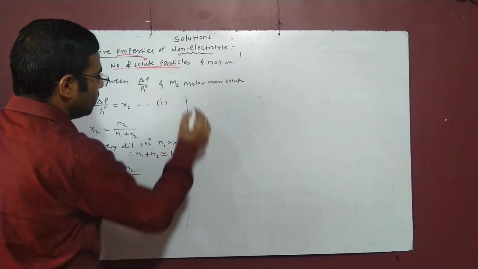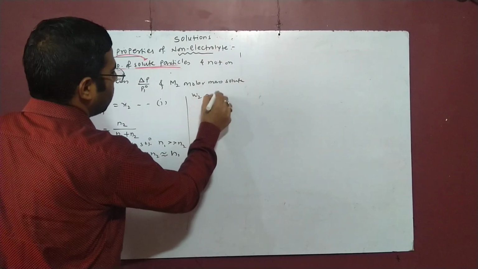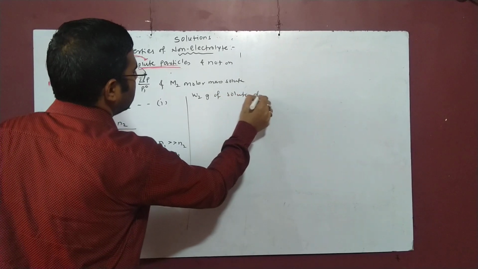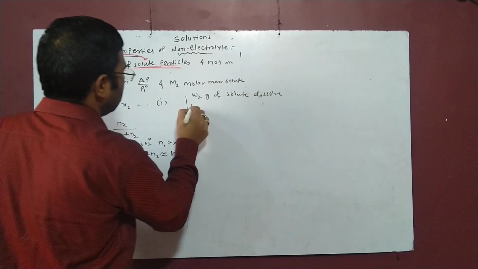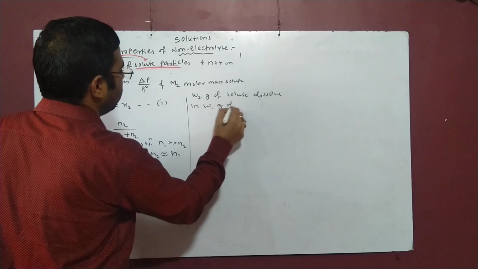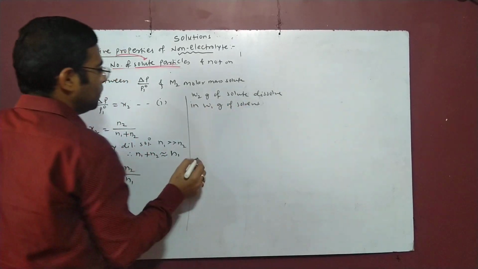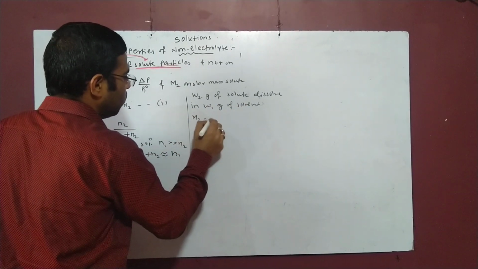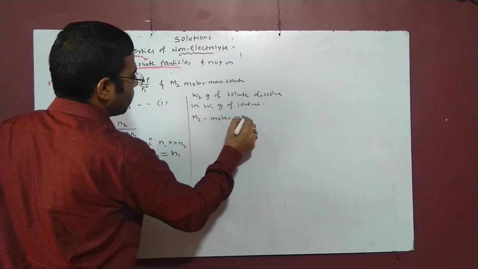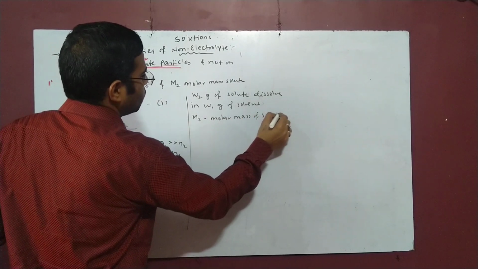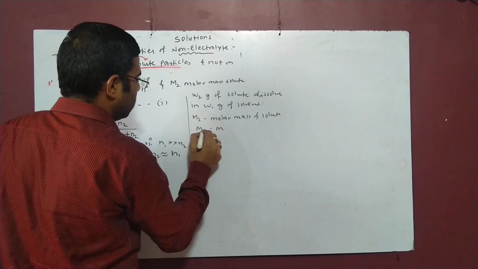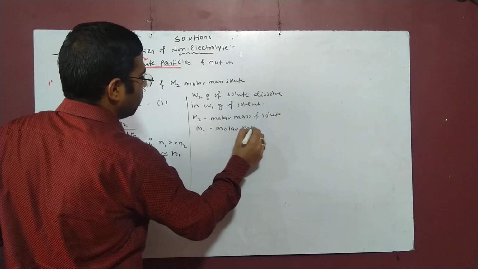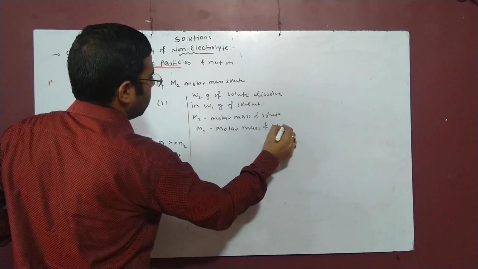Now W2 gram of solute is dissolved in W1 gram of solvent. Here M2 is the molar mass of solute and M1 is the molar mass of solvent.